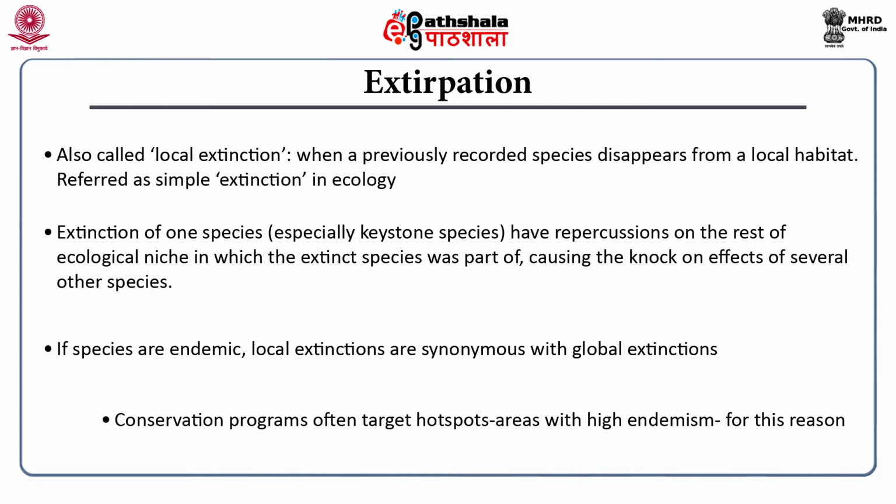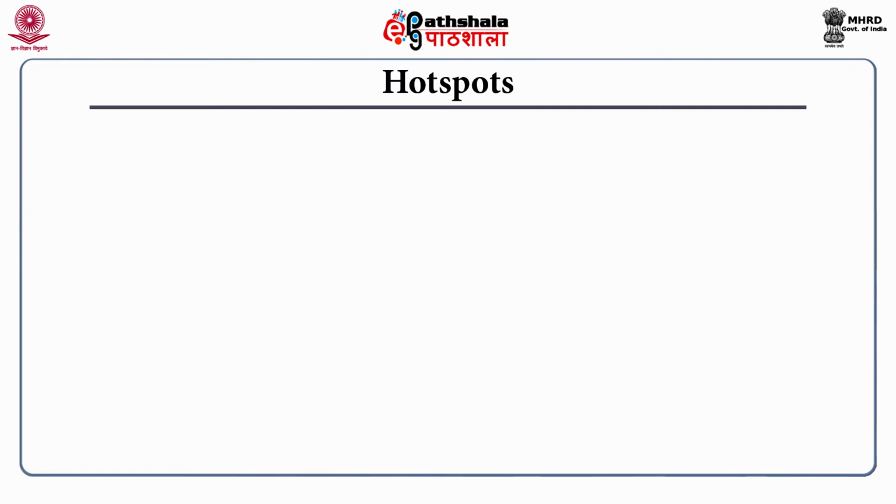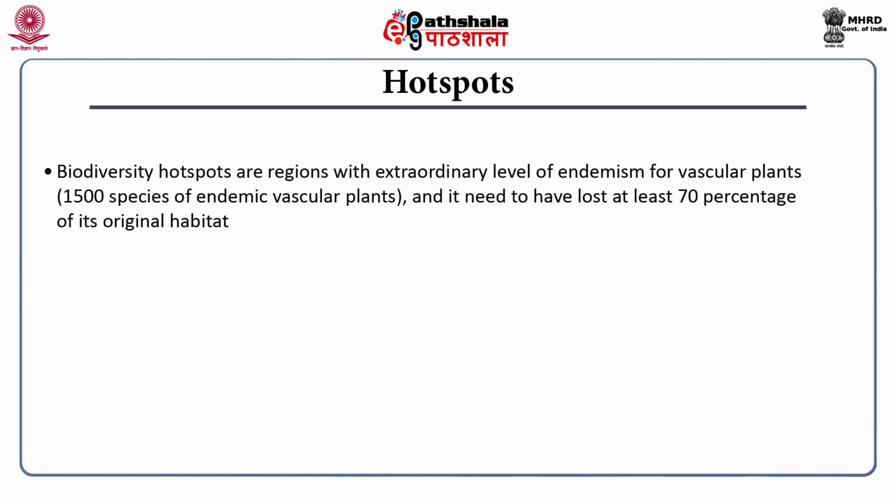So, what are the hotspots? These biodiversity hotspots are regions with an extraordinary level of endemism for the vascular plants. So, by definition, the biodiversity hotspot is skewed towards vascular plant diversity. It should have at least 1500 species of endemic vascular plants for the biodiversity hotspots, and it needs to have lost at least 70% of its original habitat.